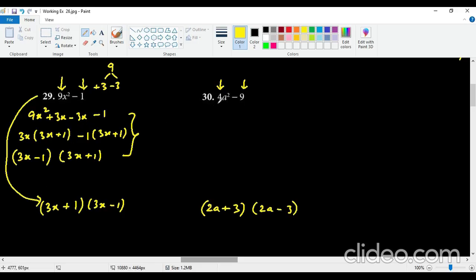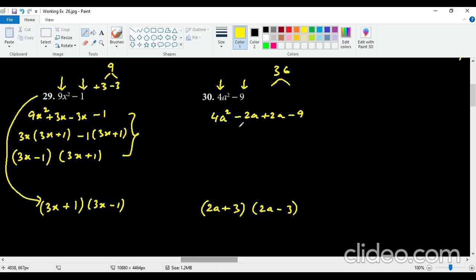Okay. Now, when it comes to 4a square minus 9, 4 times 9 is 36. And the factors that I can see here, I can take any I feel like. Now for question number 30, I'm taking 9 times 4 is 36. So in here I can use 4a square minus 2a plus 2a and minus 9.